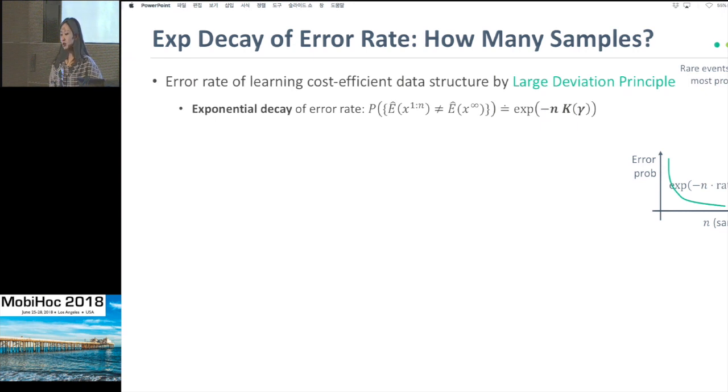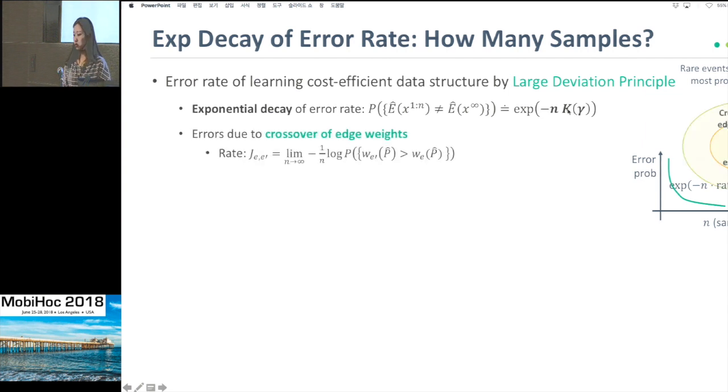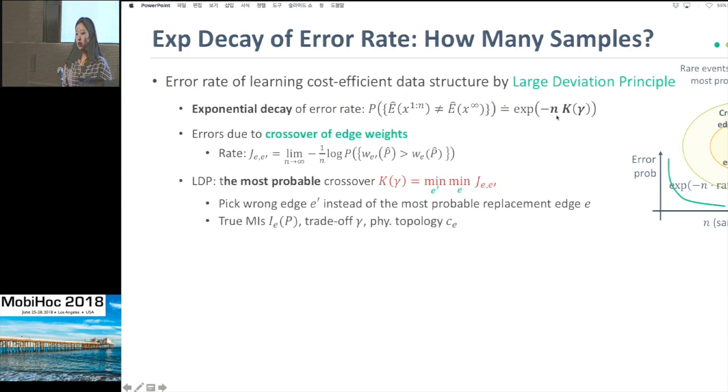So we characterize the exponential decay of the error rate, which is the probability that the graph structure learned from n samples is not equal to the one learned from a sufficiently large number of samples. And we characterize this exponential error rate by using the large deviation principle.